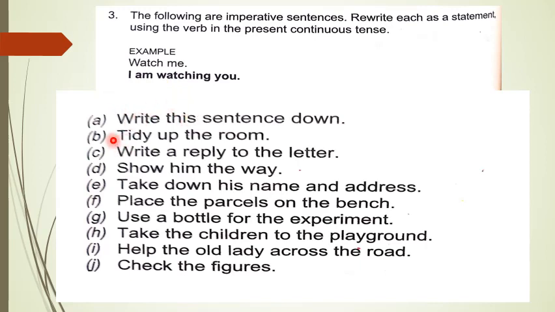So you will also have to do the same practice. For example, sentence number B is tidy up the room. In the same way you can convert it into I am tidying up the room. Also, you can convert it as he is tidying up the room, or the boys are tidying up the room.